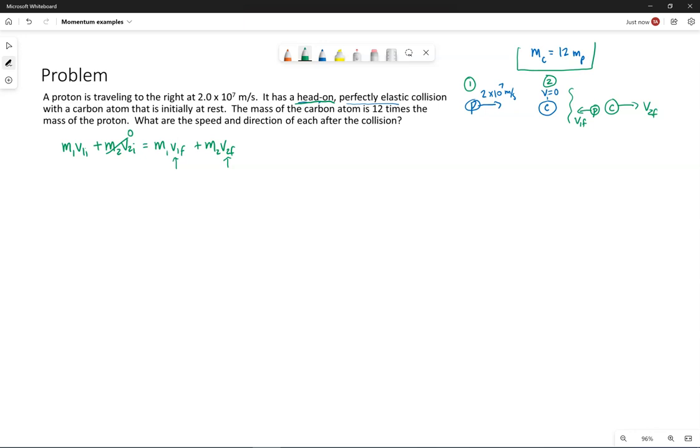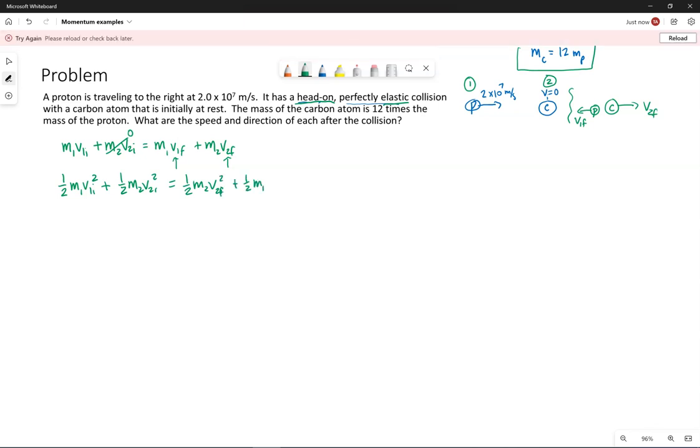Perfectly elastic means the kinetic energy right before the collision in the system as a whole still has to be kinetic energy after the collision. Final. And I'm not sure why I wrote M2 first, but in either case.